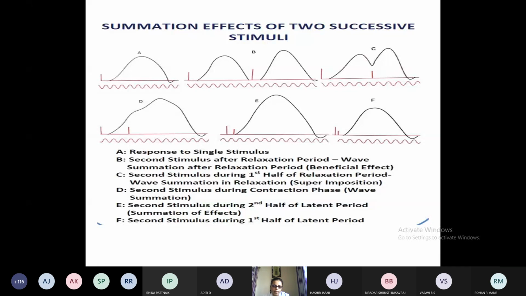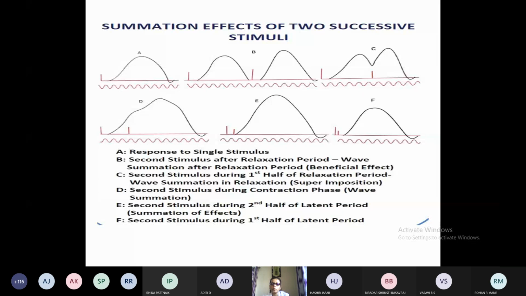So it is not showing any effect. So this is called the non-responsive curve, or non-responsive stimulus, and the stimulus is applied in a refractory period of the muscle where the muscle is inactive. So this is not a good example for a summation.